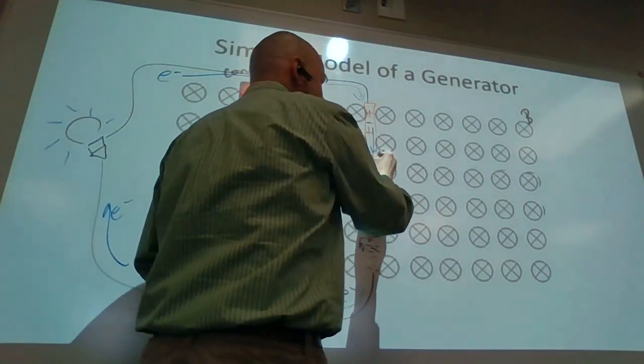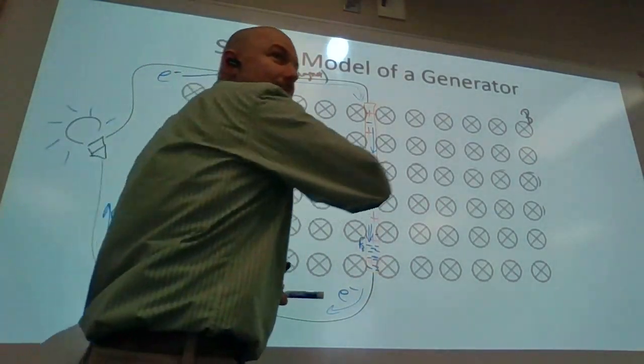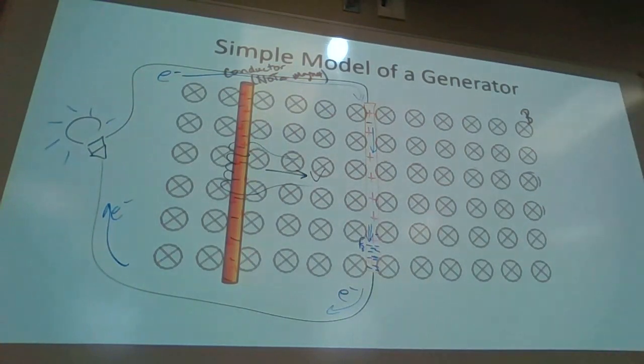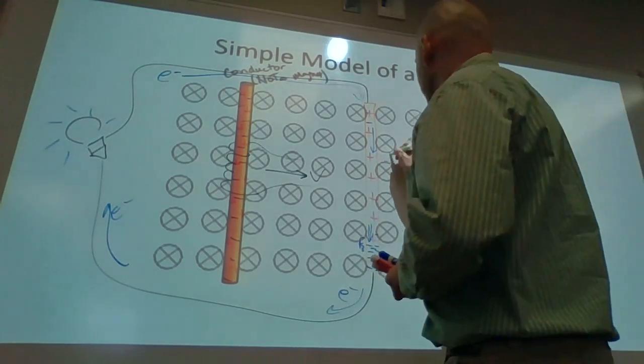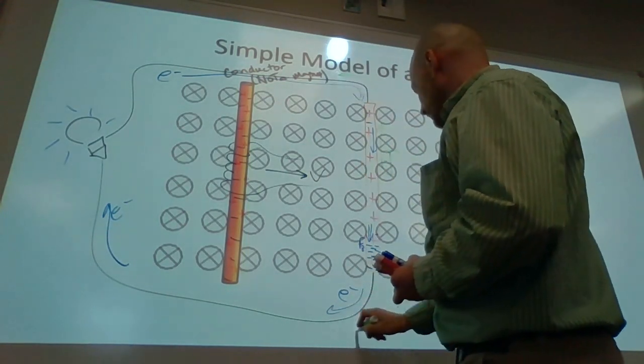They're forced again. Does that make sense? Is there current now? Yes, because we hooked that up to a complete circuit. Which way is that current by definition? Thanks to Ben Franklin. Current is in the opposite direction of electron flow.